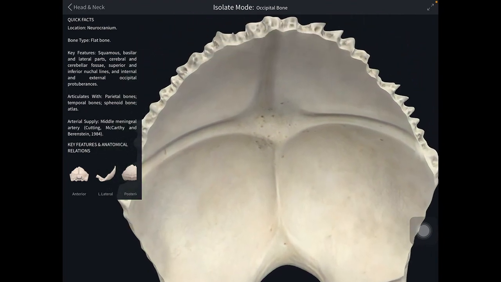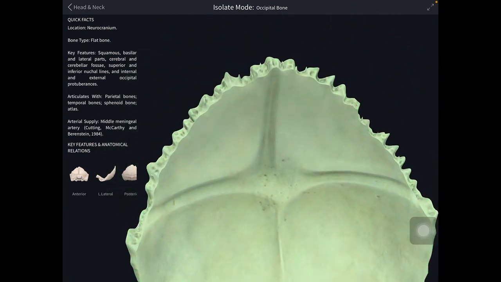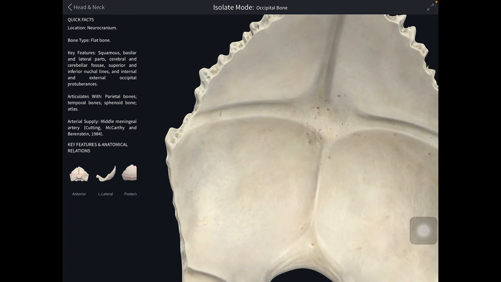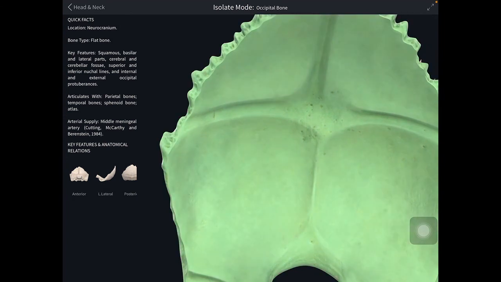So now you can understand: above is the superior sagittal sinus, on each side is the transverse sinus, and below is the occipital sinus. They meet at the confluence of sinuses, at the internal occipital protuberance. The superior sagittal sinus is continuous with the right transverse sinus, and the straight sinus is continuous with the left transverse sinus.